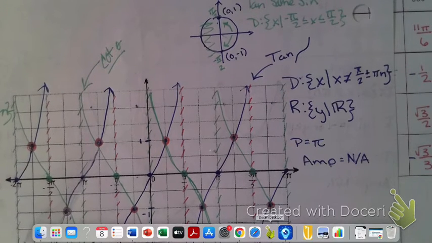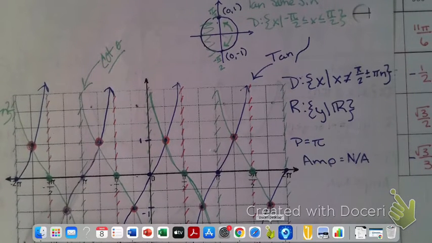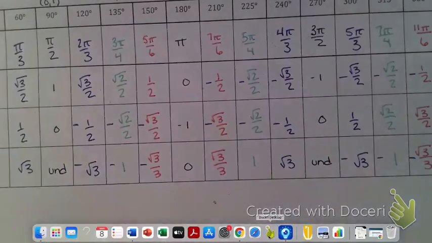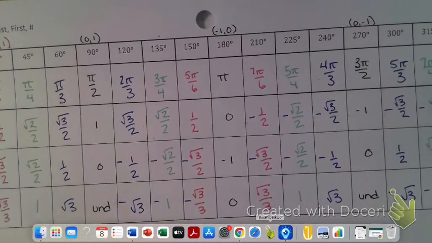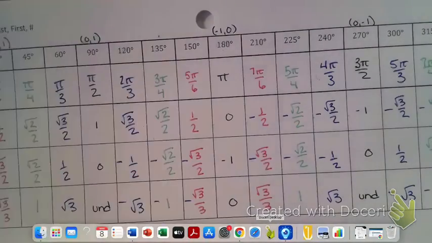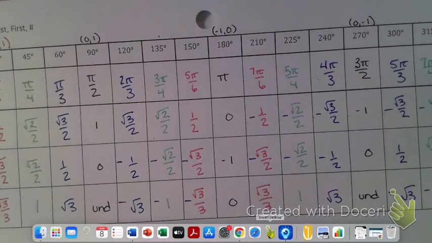Now, inverses also allow us to switch domain and ranges. I was going to highlight on this what we restricted it to, but it doesn't work. Well, it does. Okay, so if you want to get a highlighter, we restricted cosine to what two quadrants?